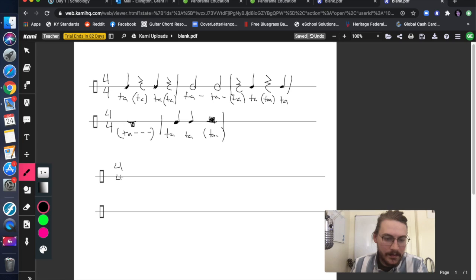Let's do some eighth rests. So with the eighth note, if it was on the same beat, we'd usually have them connect hands. But with the eighth rest, they can't hold hands together. So that's one beat.